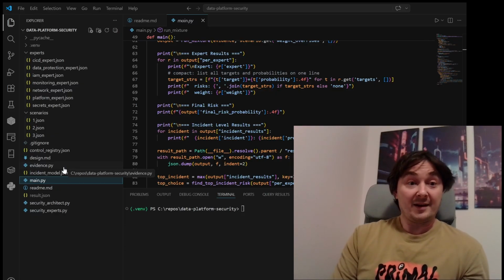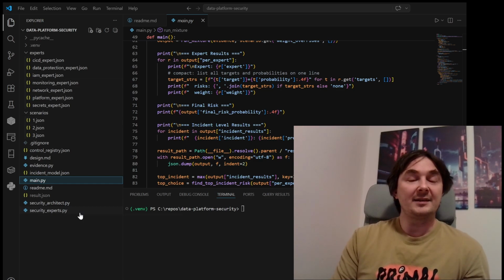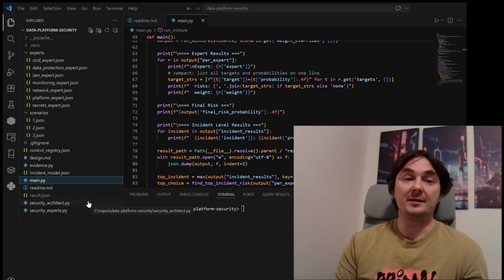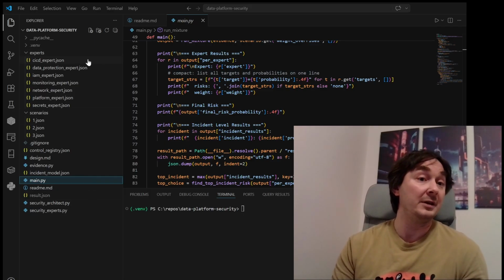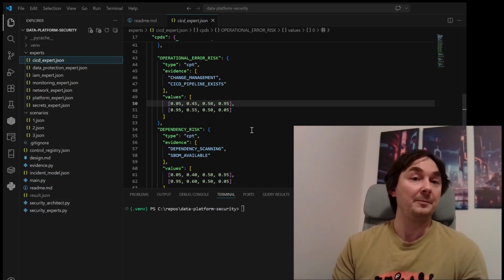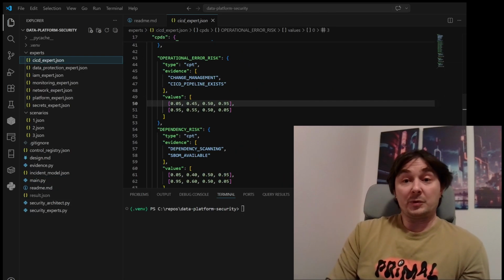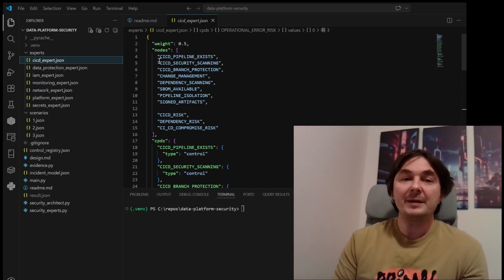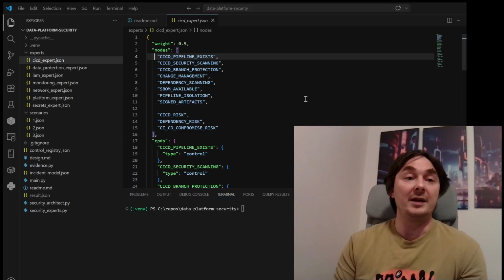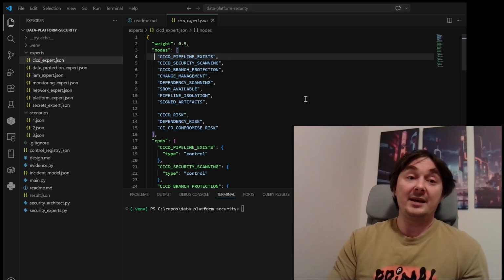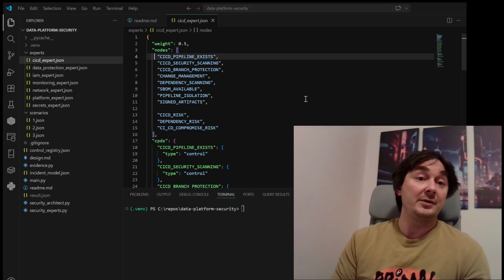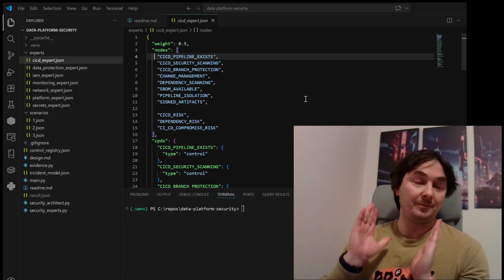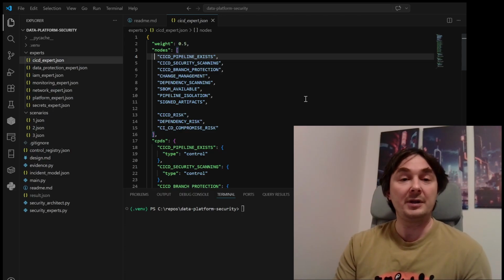Now, all of that looks nice and clean, but let's dive a little bit deeper into the implementation and what we have in experts, for example. The experts file is a small one, but it gives an idea. The idea is that each expert is responsible for one slice of security.